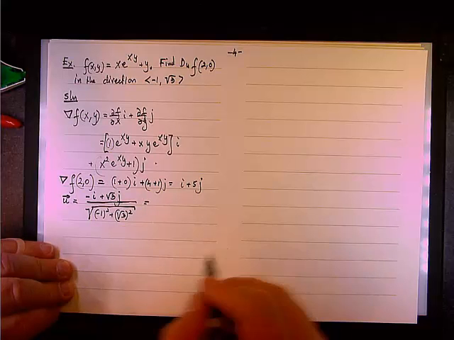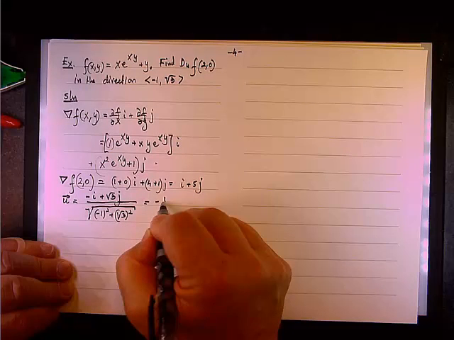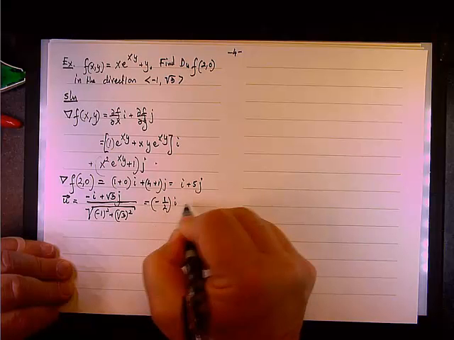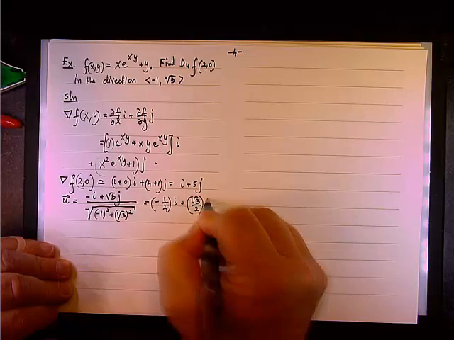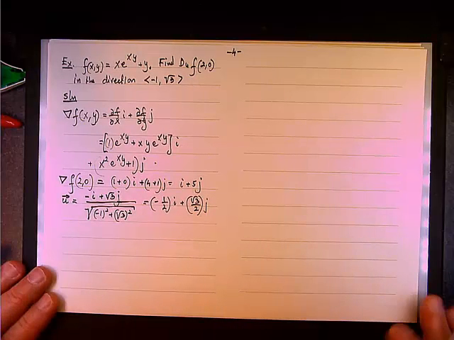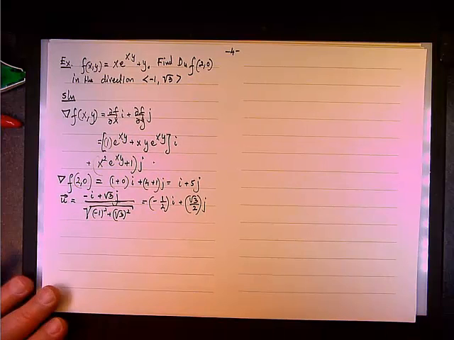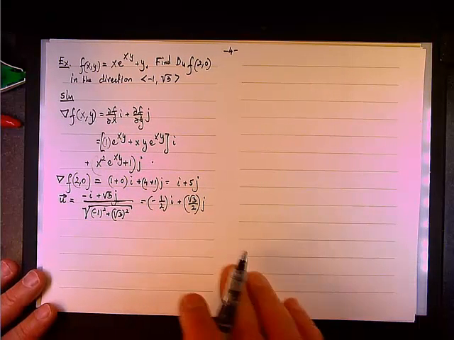So it's the square root of negative 1 squared plus square root of 3 squared. So we have 1 plus 3, that's 4, square root of 4 is 2. So we end up having negative 1/2 in the i direction plus square root of 3 over 2 in the j direction. This is the unit vector.